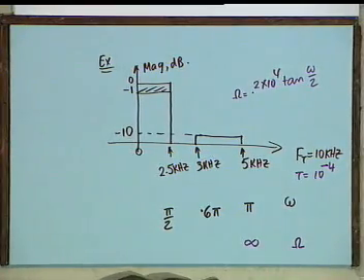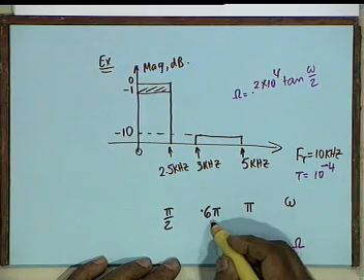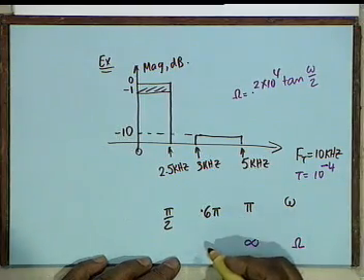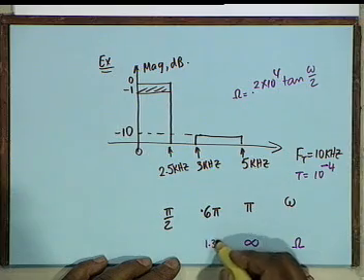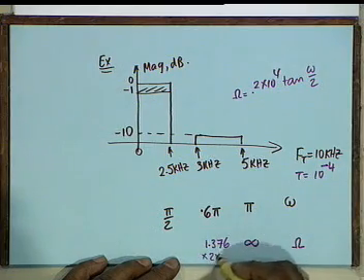Pi obviously corresponds to infinity, tangent of pi by 2 is infinite. 0.6 pi corresponds to 1.376 times 2 times 10 to the 4.